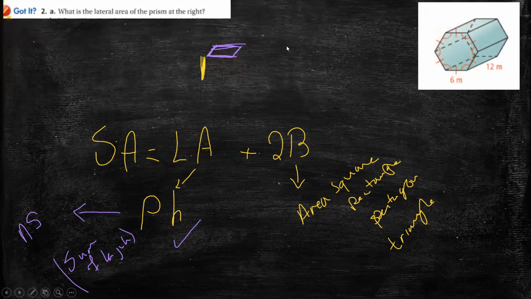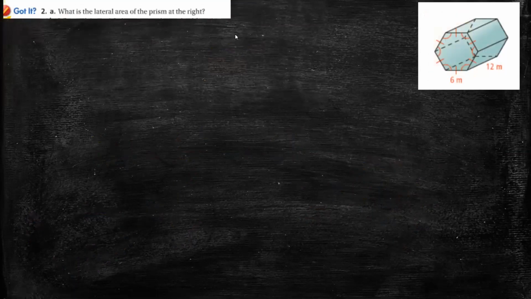Now let's do this example here. What is the lateral area? And we will also find the surface area of the prism on the right. Look at this shape here. This shape is a hexagonal prism. Why do we name it hexagonal? Because its base is a hexagon.